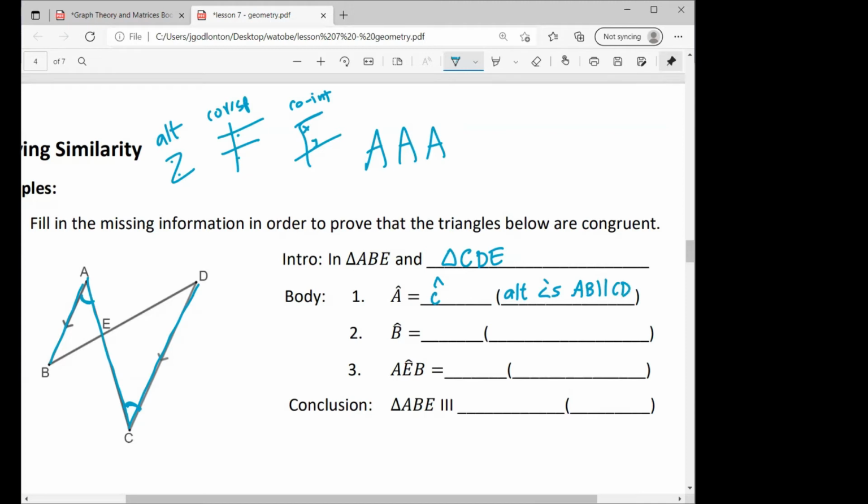Now I've proven that those 2 are the same. I can do the same thing for angle B. So I have a backward Z. Angle B is equal to angle D because of alt angles.